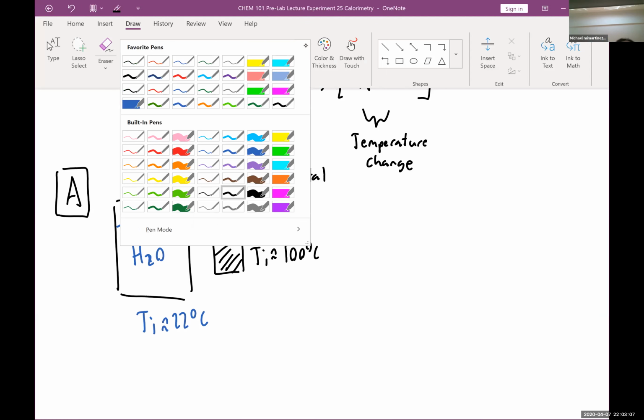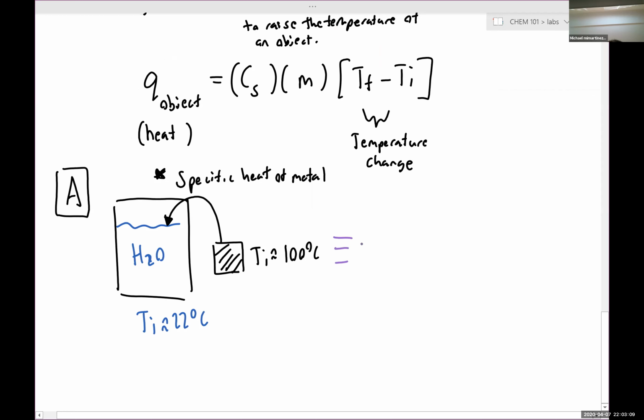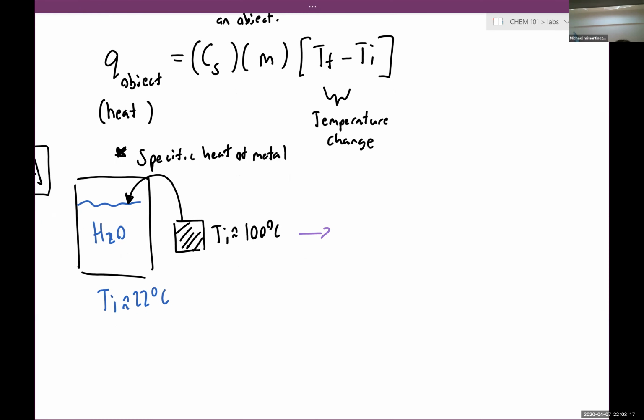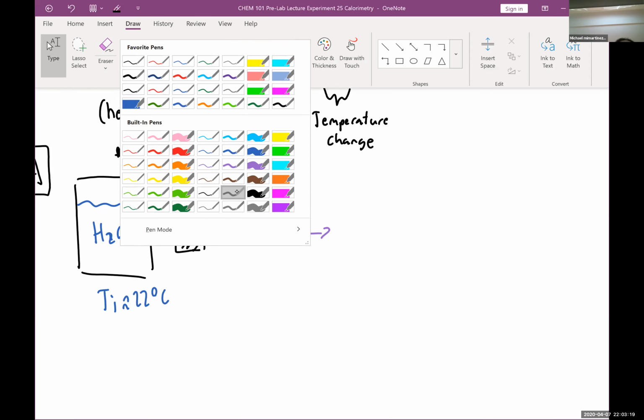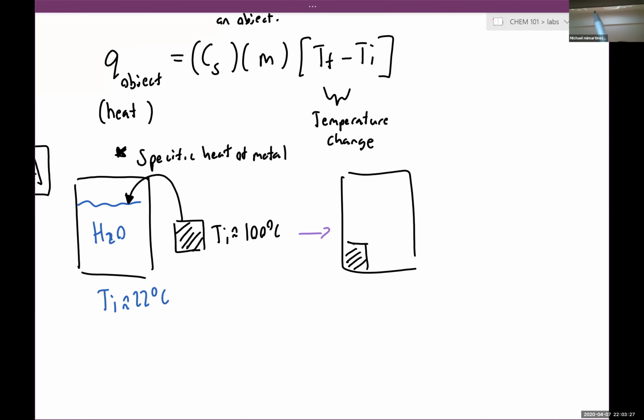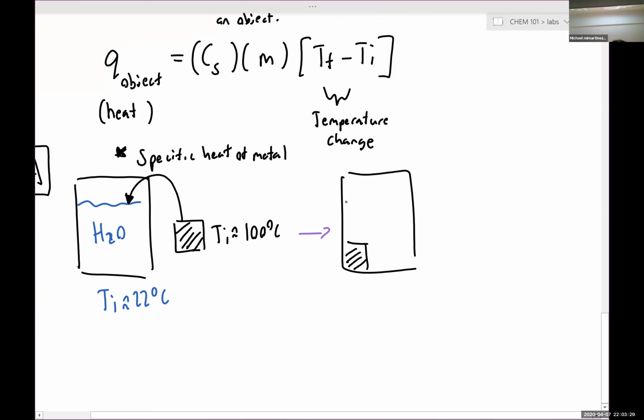Now, if we take a little time lapse and we allow some time to pass, eventually, what would we expect to observe? If we have our metal and we drop it in the water and we let a large amount of time pass, eventually, will these two objects be at the same or different temperature?